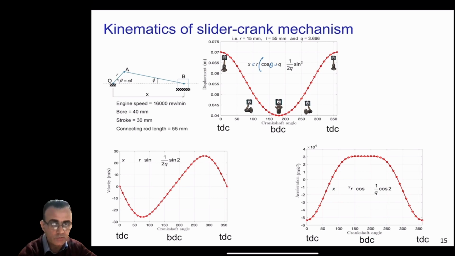So plus Q and minus 1 over 2Q sine square theta, and X dot is again minus omega square R or omega R, and sine theta plus 1 over 2Q sine 2 theta, and X double dot is equal to omega square R cos theta plus 1 over Q cos 2 theta here.